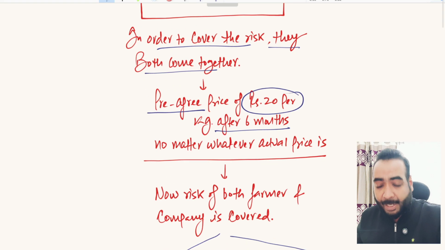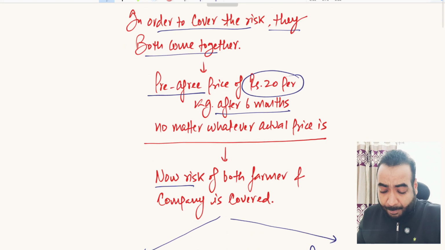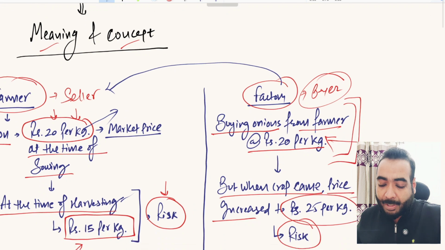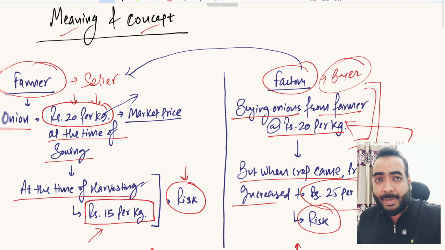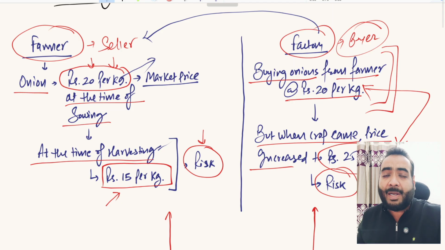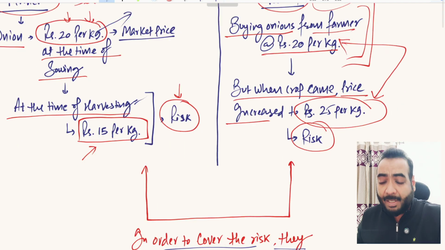Now by doing this, the risk of both farmer and company is absolutely covered. The company has no fear of increase in prices. The farmer has zero fear of decrease in prices, because they have made a contract of buying and selling the onion at a fixed price of 20 rupees per kg in future after 6 months.